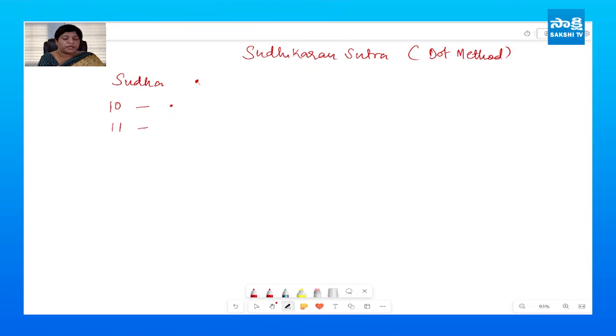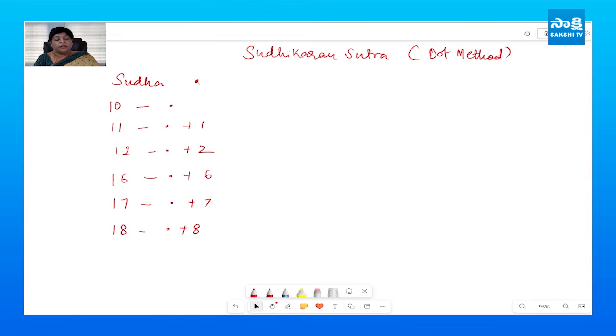11 is represented as dot plus 1. 12 is represented as dot plus 2. Again, 16 is represented as dot plus 6. 17 as dot plus 7, and 18 as dot plus 8. So in this system, the dot represents a 10 and the remaining value is written along its side.